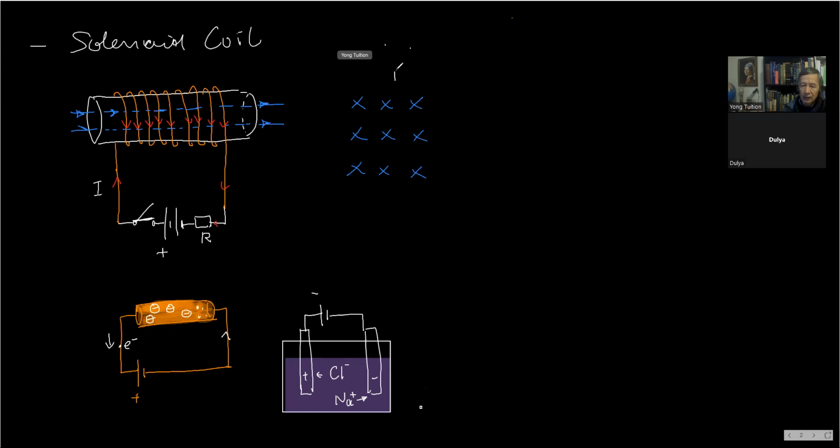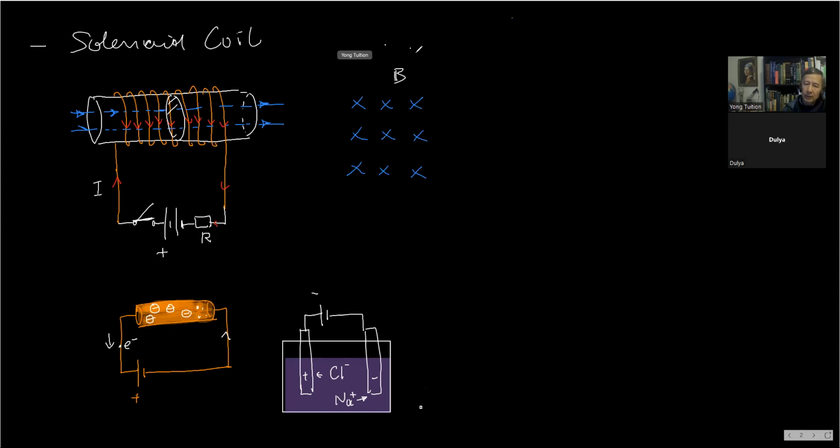One of the ideas is to use a solenoid. Because if you cut off any section inside here, the magnetic field is always uniform. That is one of the devices to generate a uniform magnetic field.